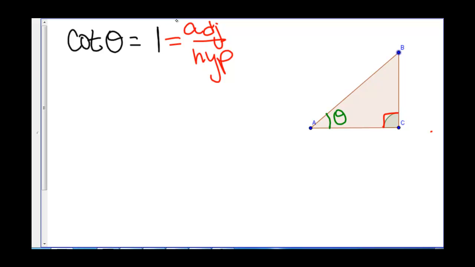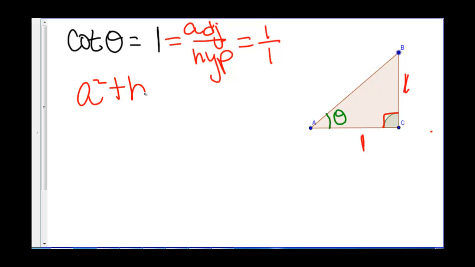But here we just have one number. So what this means is we can write this as 1 over 1. So from that we know both these sides are 1, so we use the Pythagorean Theorem.